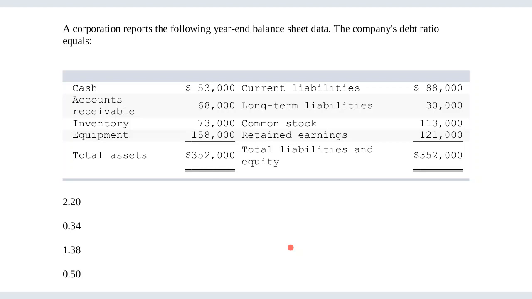Yes, in essence, yeah, but we're actually using total liabilities and equity.